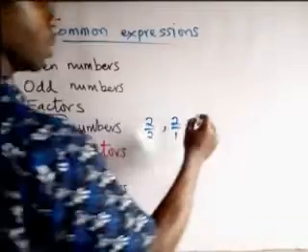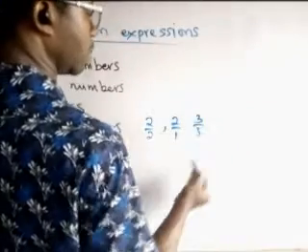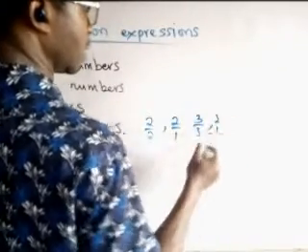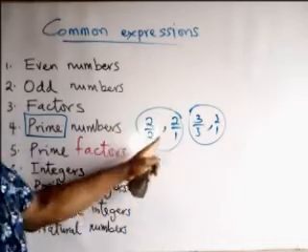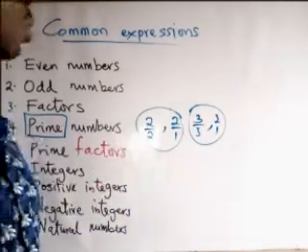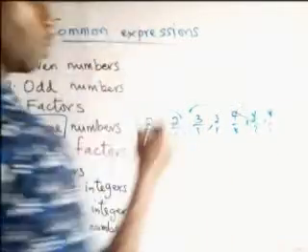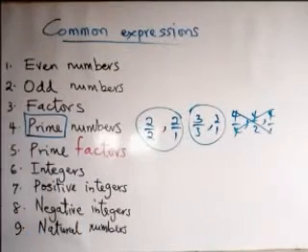Let's pick another one. 3 can divide 3, and 1 can divide 3. Nothing else can divide this. So you can see 2 has only 2 factors, and 3 has only 2 factors. If I pick 4 now, 4 can divide 4, 2 can divide 4, and 1 can divide 4. That makes 4 not a prime number.